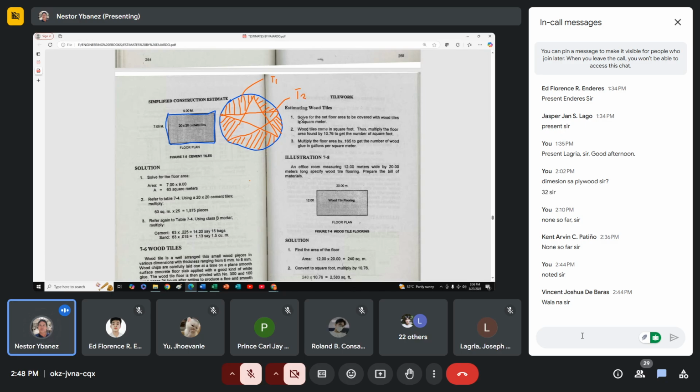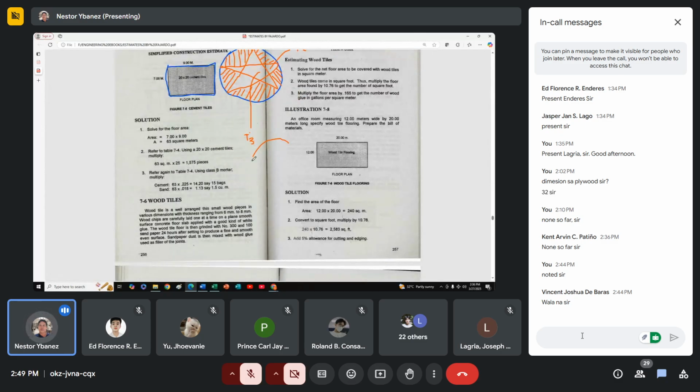Kasi ito nga, tile 3. So, na dimensions, of course, ipanghatag na. Ang diameter, regular star. So, makuha na ninyo ang dimension anang star kay diameter, regular star. So, pinaka-degree na. 72, so, pag compute na, okay na nun.